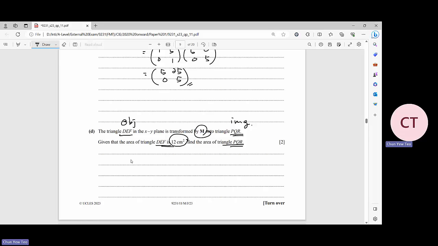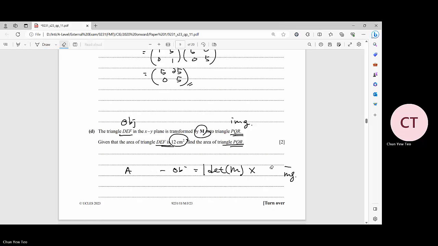So we just need to use the result that the area of object is equal to the modulus of the determinant of the matrix M multiplied by the area of image. Okay. So before we do this, we need to have a determinant first.